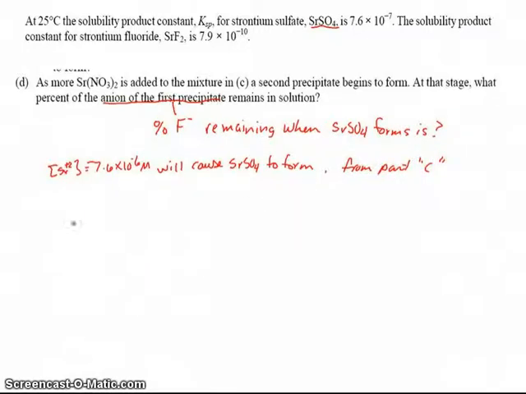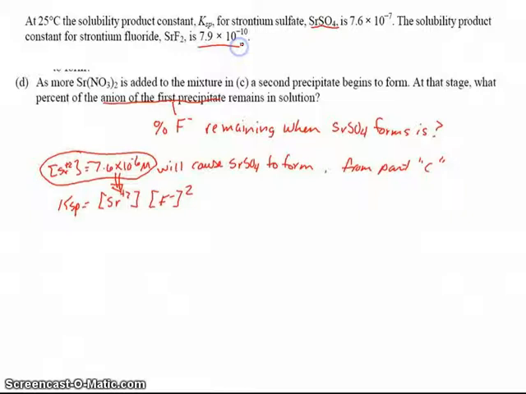Okay, so at that point, we can go into our Ksp for strontium fluoride. Remind us what that is. Ksp for strontium fluoride says Sr2+ times F minus squared. And we now know this value goes right here, because that's the concentration of strontium when that starts to form. Ksp value, again, is given at the top.